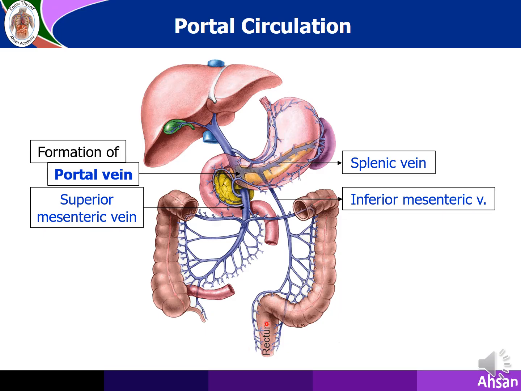This one is the rectum, and this is the sigmoid colon, descending colon, and this one is the ascending colon, cecum, vermiform appendix. From all this, the stomach, spleen, pancreas, from all these structures, the blood is drained into the portal vein, and the portal vein goes into the liver and ultimately forms another set of capillaries.